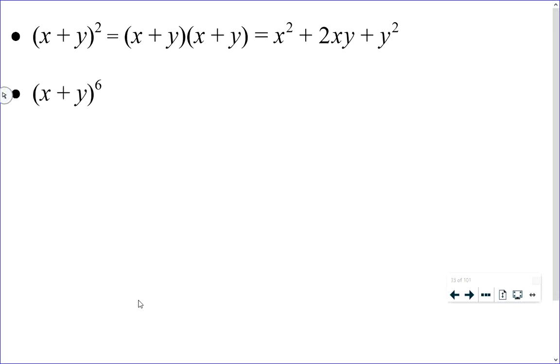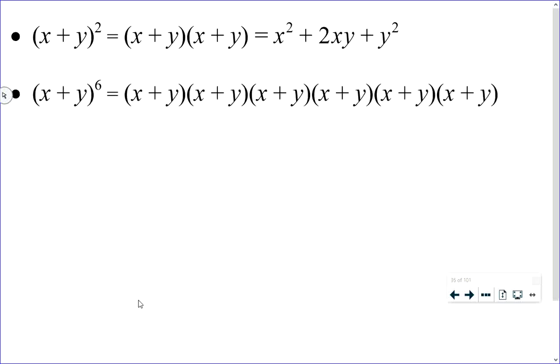If, on the other hand, I said to you, go ahead and expand out x plus y to the 6, I decided for whatever reason that I wanted to keep everybody in the room busy for the next 25 minutes or so. What that means is you're asking yourself, what is that equal to? And you would have to do repeated multiplication. You would take the first x plus y times the second x plus y to get x squared plus 2xy plus y squared.